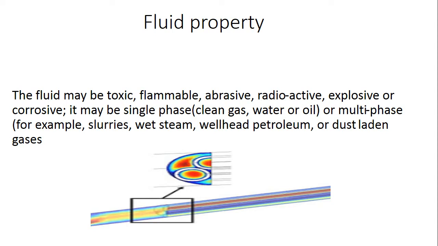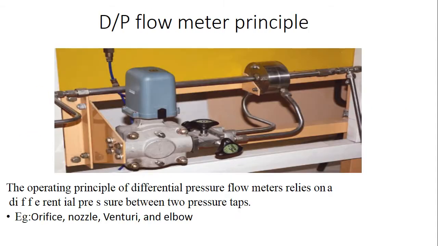To handle this variety of fluids, many types of flow meters have been developed over the years. The most essential type of flow meter is the DP flow meter, which is very widely used.